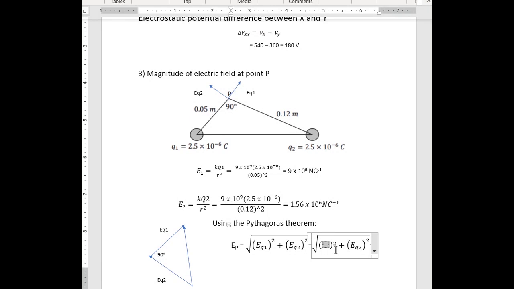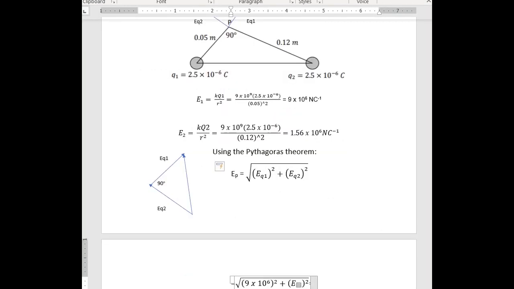Electric field by charge 1 is 9 times 10 to the power of 6, and charge 2 is 1.56 times 10 to the power of 6, which gives 9.1 times 10 to the power of 6 Newton per Coulomb. That is the answer for question 3.